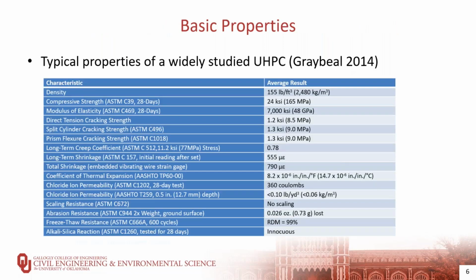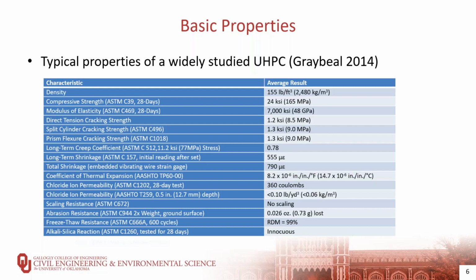If we look at some basic properties for UHPC generally, this is a table of properties for a widely studied UHPC taken from the literature, but you can see that the density of about 155 pounds per cubic foot is a little higher than conventional concrete. The compressive strength for this material was 24 KSI at 28 days.